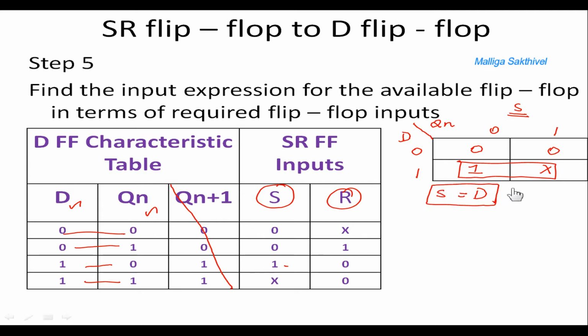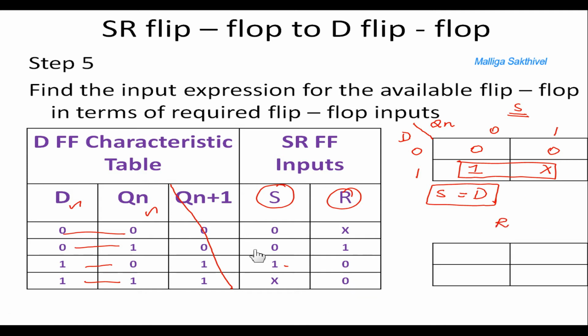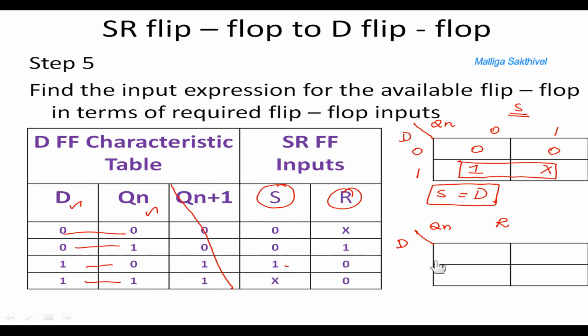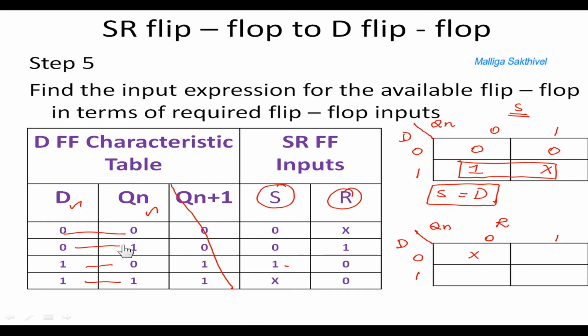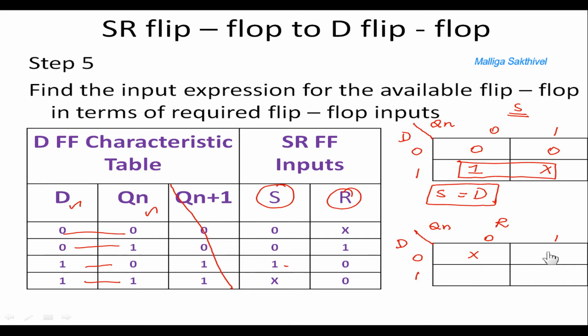And second, we have to find the expression for R. For R, we are going to draw the K-map. Similarly, we have input D and the present state. For 0 0, R is X, and for 0 1, R is 1.